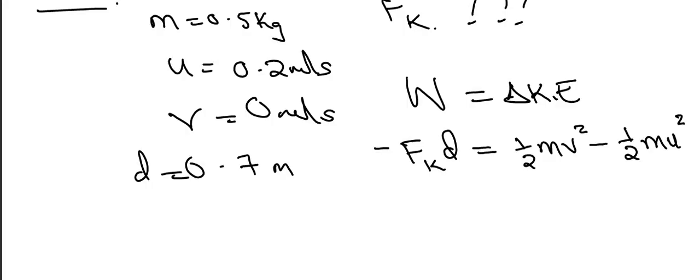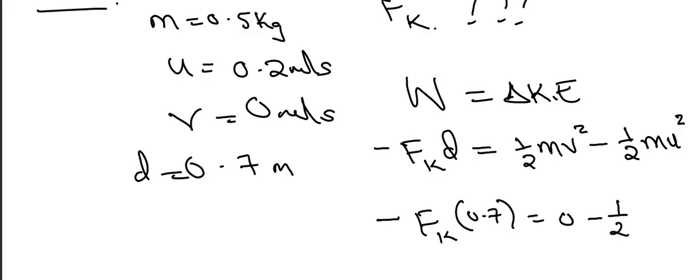Then we do our replacements. We don't have the F, that's what we're looking for, the frictional force. The distance we do have, it's 0.7. And on this side, the final velocity is 0, so this whole thing becomes 0 minus half times the mass 0.5 times the velocity 0.2 squared.